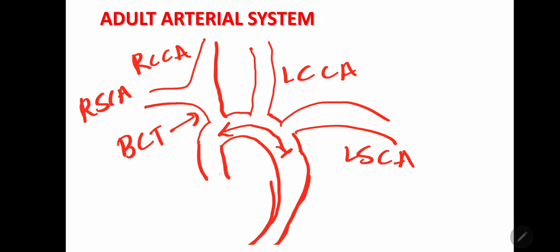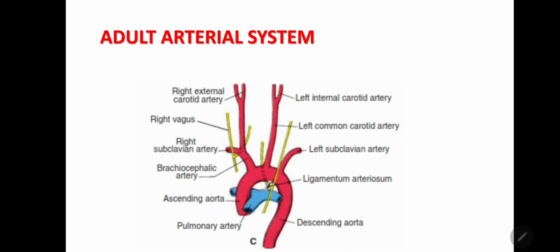Here you will see the ascending aorta, this is the arch of aorta, and this is descending aorta. So this is the pattern of the adult arterial system having the major blood vessels. Here we are focusing only on the major blood vessels.